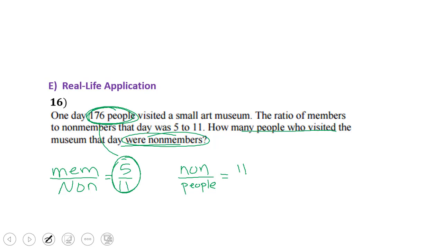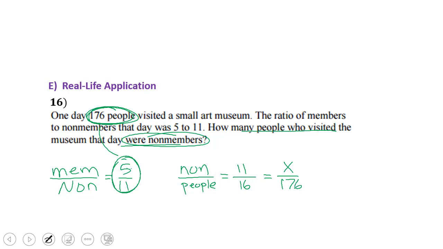I know the total number of people has to be 16, because this is members to non-members, so that has to be 16 when I add those two together. So non-members to the total number of people is 11 to 16. And I can continue to write my proportion by saying, well, how many are non-members to the total number of people that visited? 176.